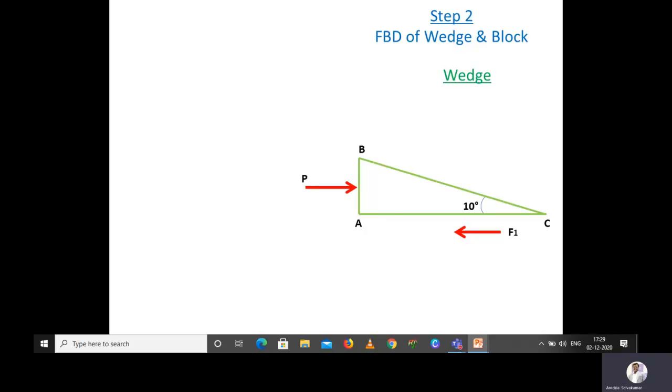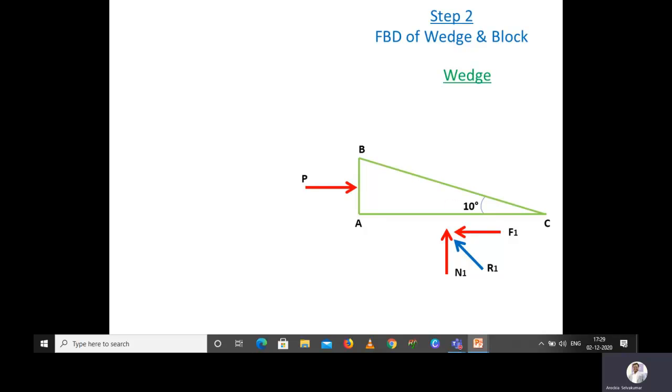And we know very well that because the wedge is in contact with the floor, it will have a normal reaction, that is N1 we are taking. So the frictional force and the normal force we can replace with the single resultant, that is R1. So R1 is equal to root of N1 square plus F1 square.